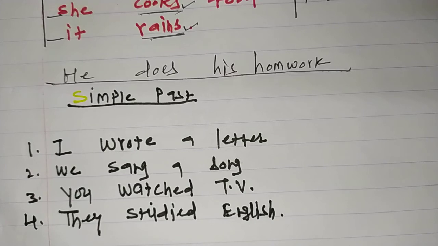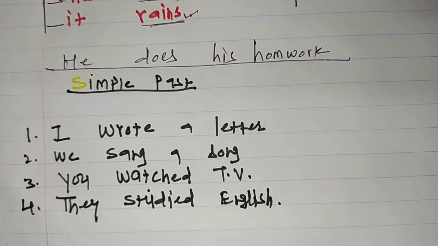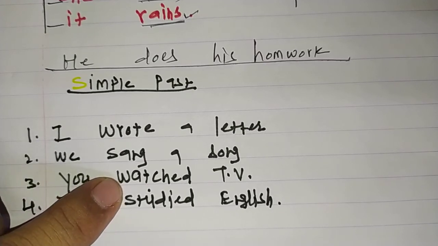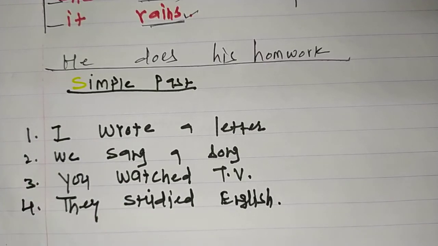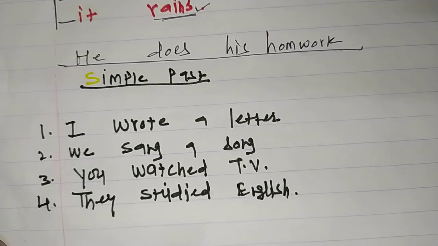But few verbs end with ed. For example, first form is watch, second form is watched, and third form is also watched. It ends with ed. So what do we call the verbs that end with ed? You have to find out, and tell me in the next lecture.